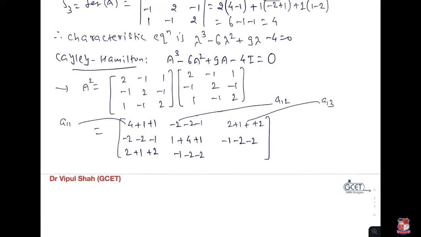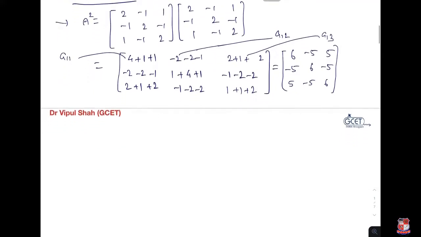Then third row, third column. So 1 plus 1 plus 2, and so we are having 6, minus 5, 5, then minus 5, 6, minus 5, 5, minus 5, and 6. So this is our A squared.